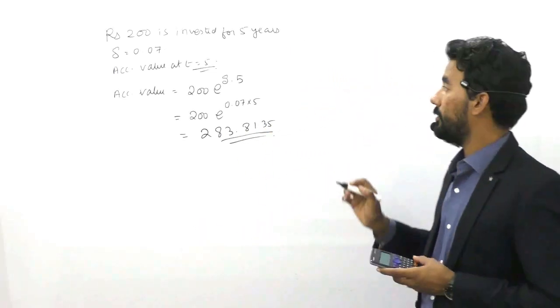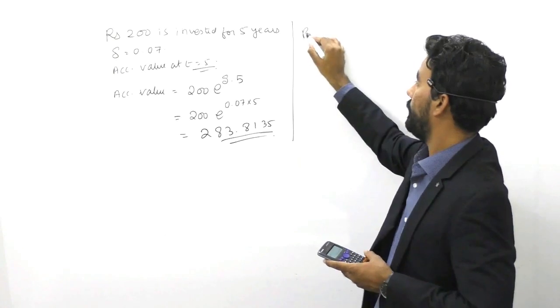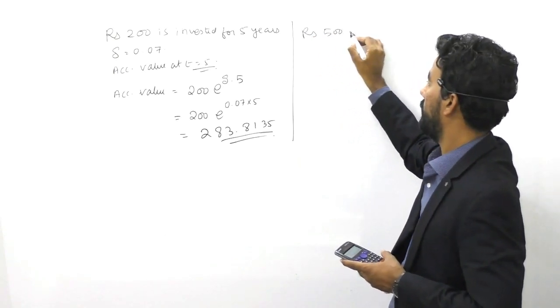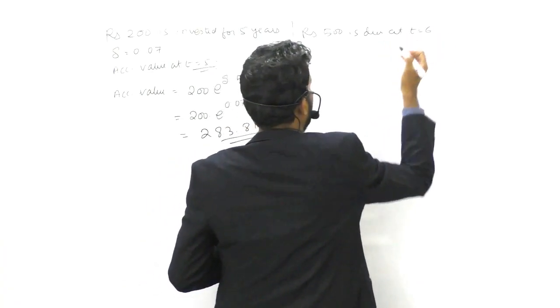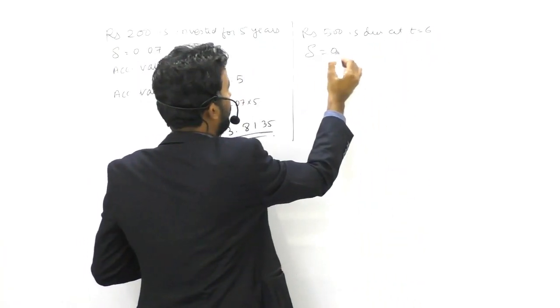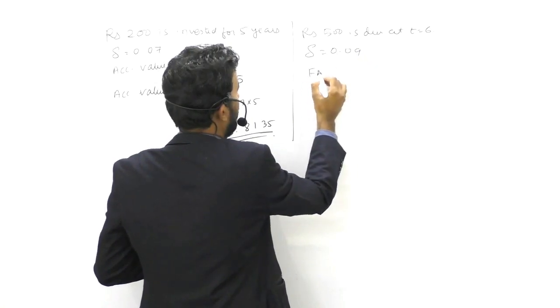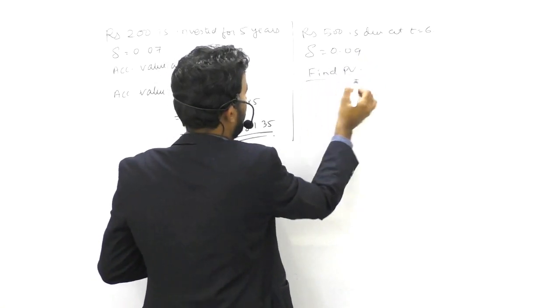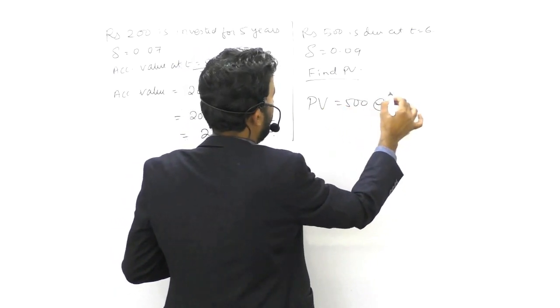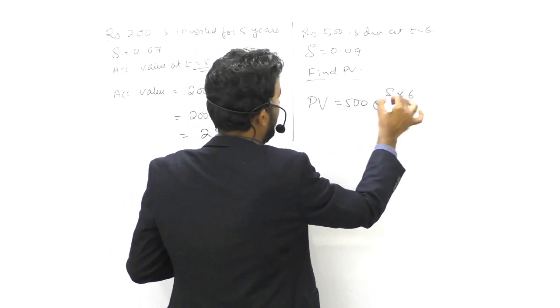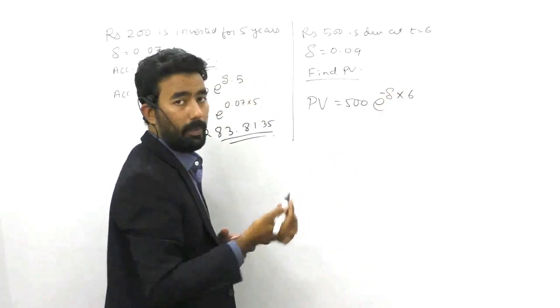Simple. Now next, let's say rupees 500 is due at time 6. Delta is 0.09. Find present value. So present value is 500 e raised to delta into 6, and this should be negative because you're finding present value.